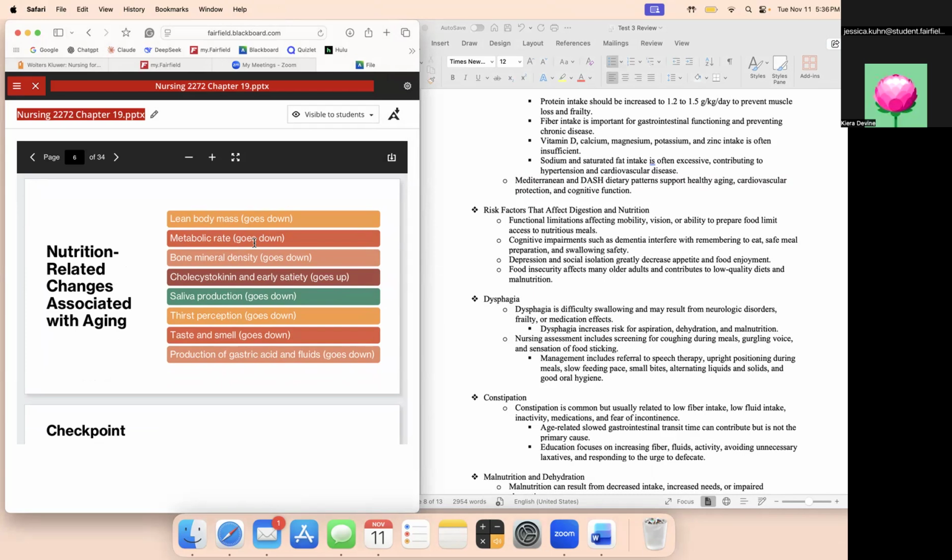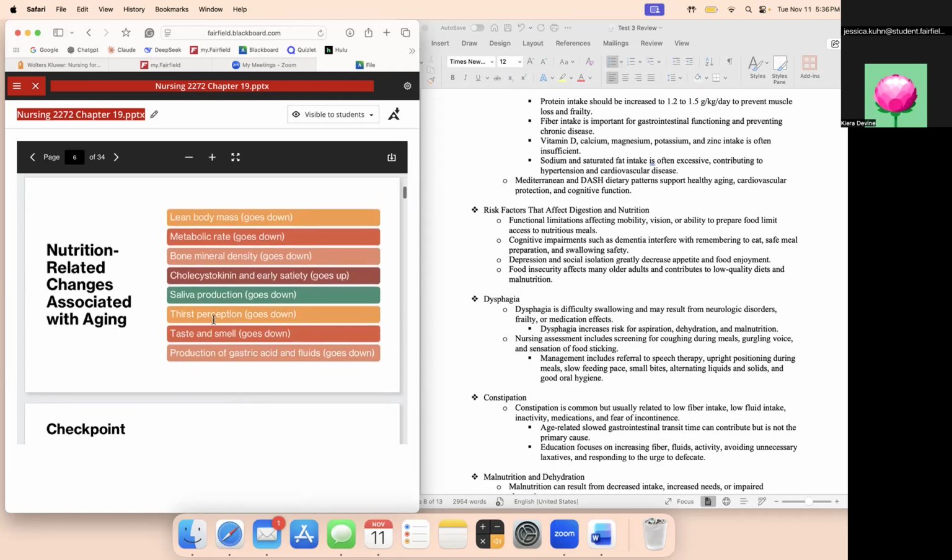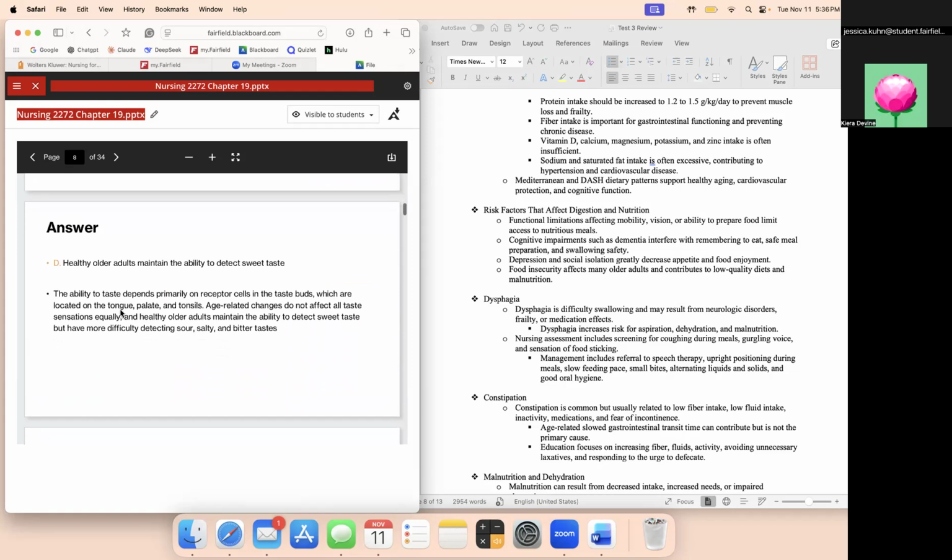Cholecystokinin, which is that hormone that tells your body that you're full, all of that increases, so the intake of food decreases, saliva production decreases, thirst perception decreases, taste and smell, and gastric acid and fluids decrease. I feel like it would not be unreasonable for her to ask a question about one of those.